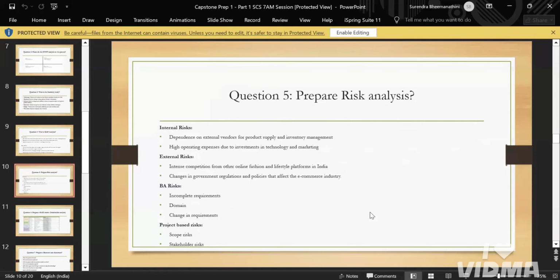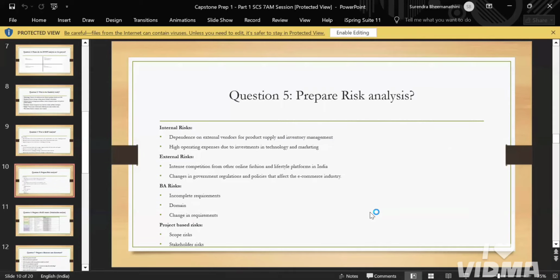And the fifth question is risk analysis. For this, you need to do a risk analysis of this project: what are the internal risks, the external risks, BA risks and project-based risks. You need to write down these risks and analyze the internal and external ones.